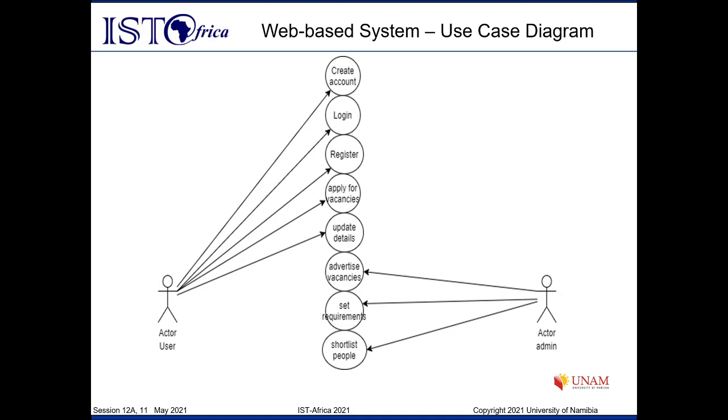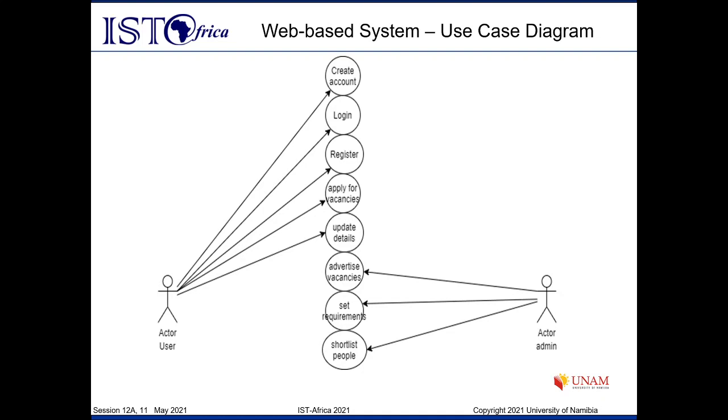A use case diagram is explained as follows. To create an account, the actors are the users. The goal is to register their user account, and the description is that the user should be able to create user accounts. To log in, actors are the users or the administrators, or admin in short.